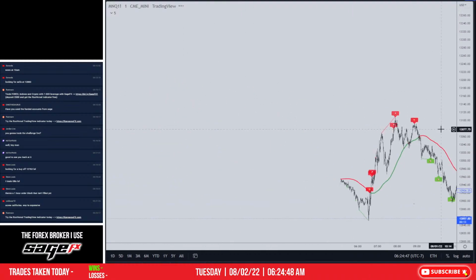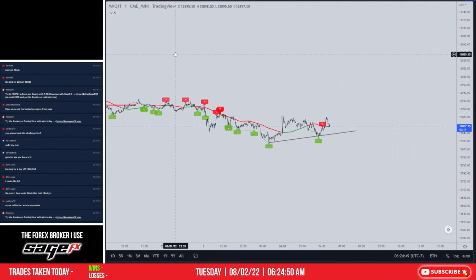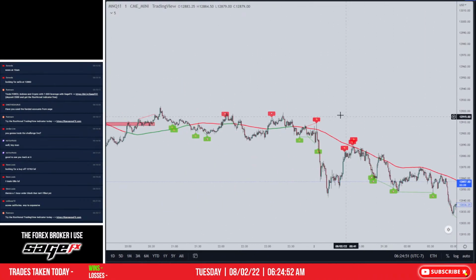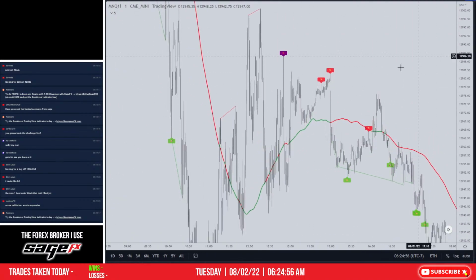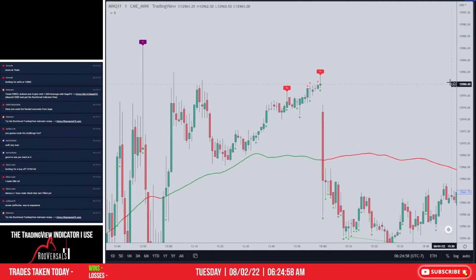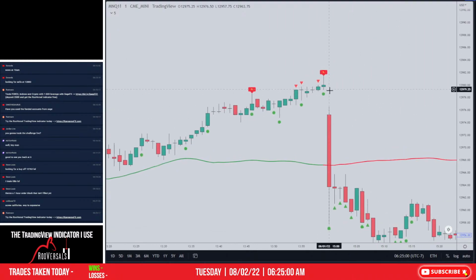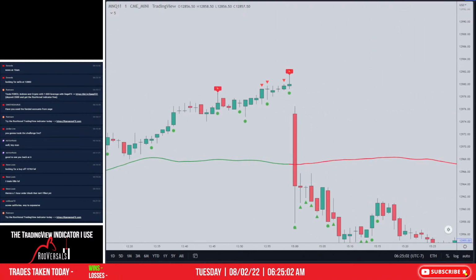Like, where's this one right out the gate yesterday? Where'd it go? Like this, you need a candle like this, absolutely no drawdown.